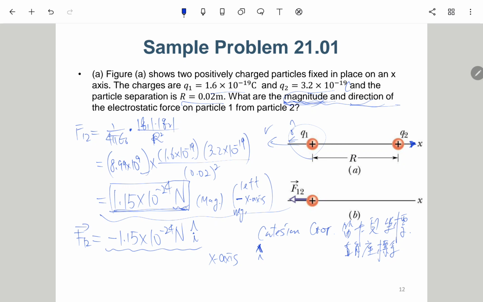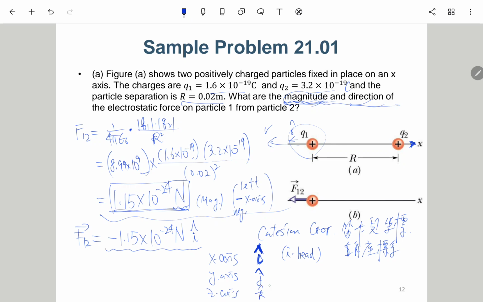But in the textbook, you only have the lower part of the i, without the dot, and then we'll call it i hat. 就是有个头啊，那就表示 x 轴的单位坐标啊。For the y-axis it will be j hat, and for the z-axis it will be k hat.